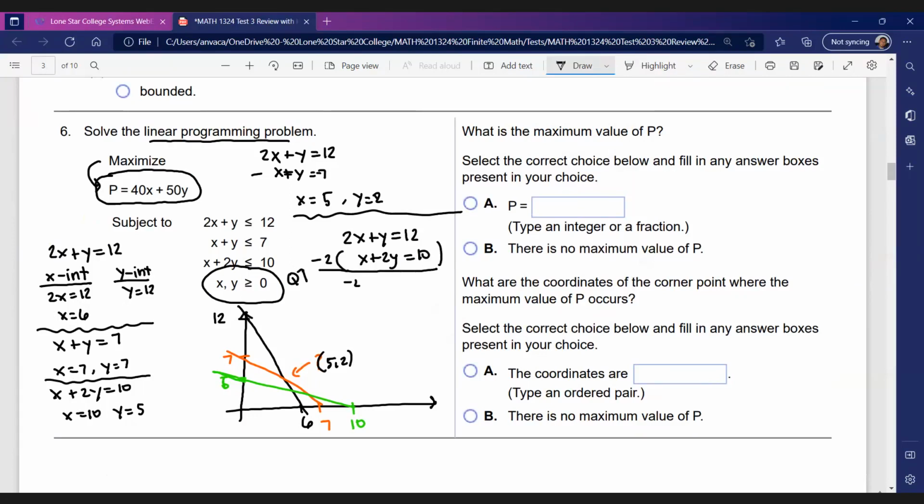So 2x minus 4y, this is minus 20 here. I want to be careful. And then the x's go away. And then we have -3y, and then 12 minus 20, that's -8. y is equal to 8/3. Oh, what a nasty point right there.